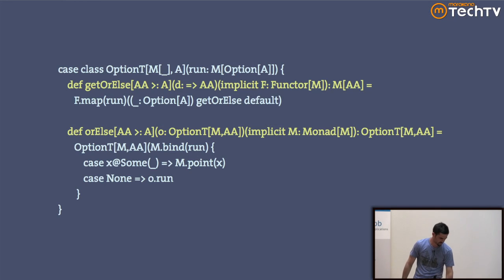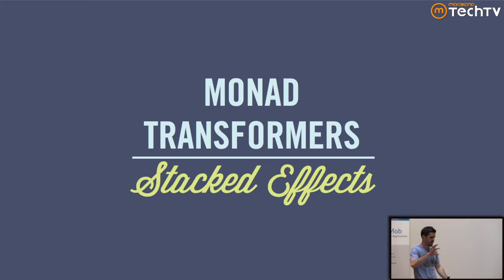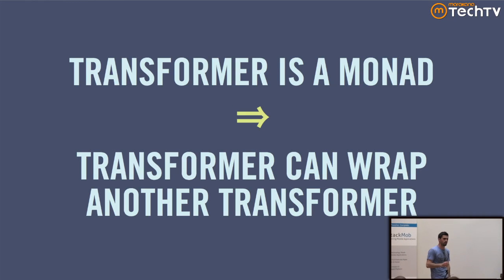So with all that, we get to the most important part, which is we can go more than 2 levels deep, right? So we've done IO Option, but that's really not all that practical. You're going to get much deeper type signatures. And the reason we can do that is because since the transformer is the monad, the M that we're talking about is something we can wrap also, right?